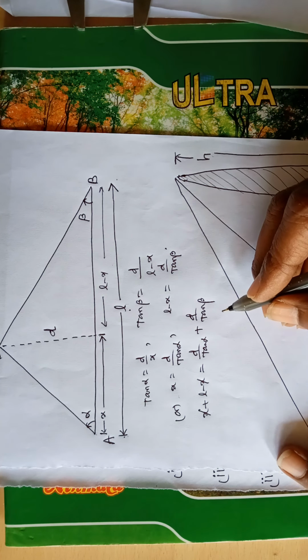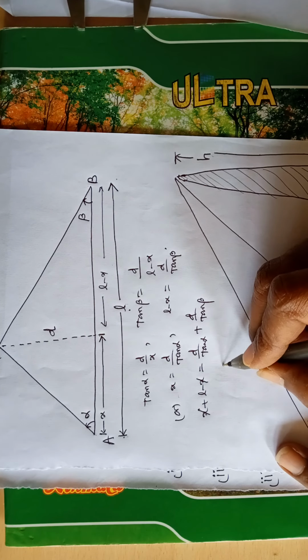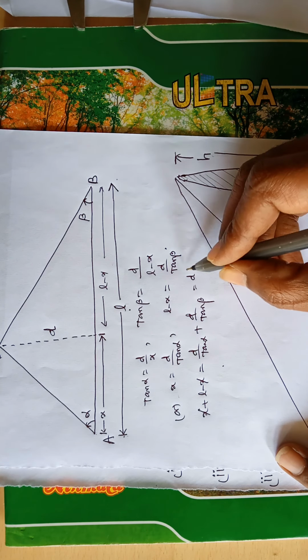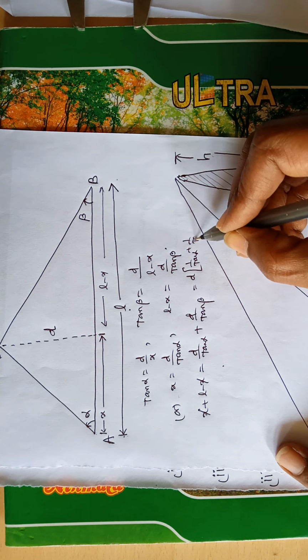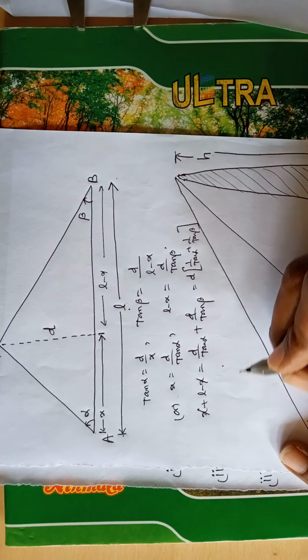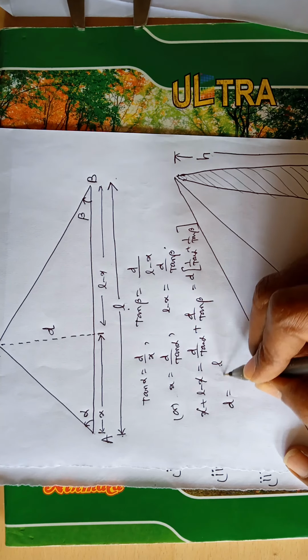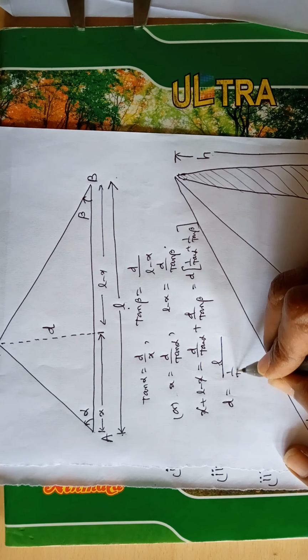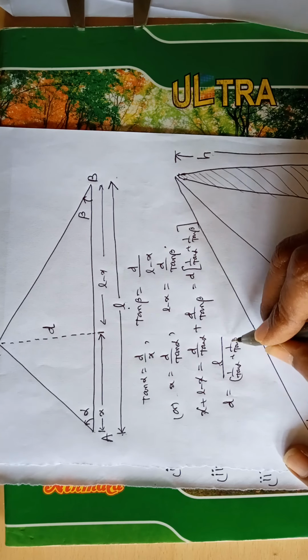So here L is equal to D can be taken common, 1 by tan alpha plus 1 by tan beta. That is, D is equal to L by 1 by tan alpha plus 1 by tan beta.